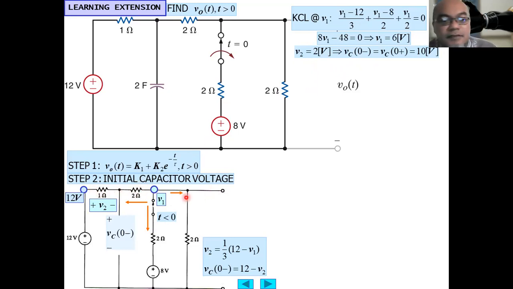So this is basically a voltage divider, 2 over 3, 2 volt. So the VC at 0 just before the switch is turned off should be equal to the VC just after the switch is turned off, at 0 plus. So this is equal to 10 volt. The VC here is equal to 10 volt.